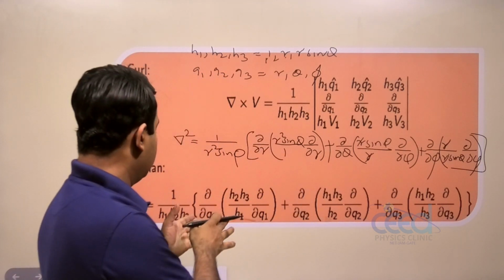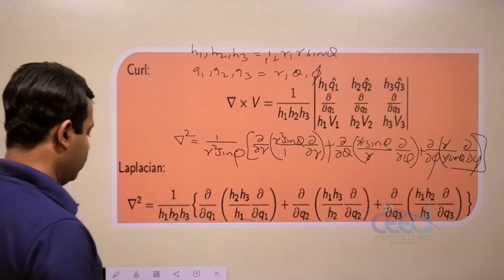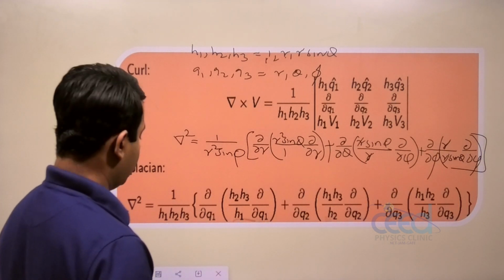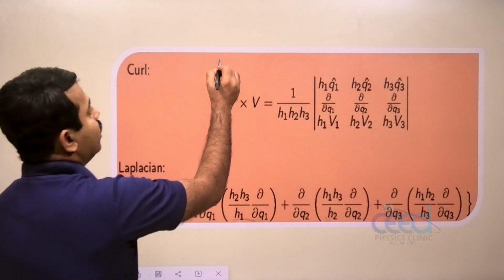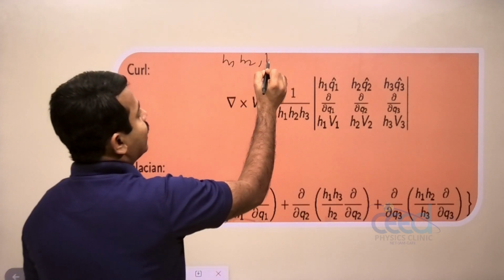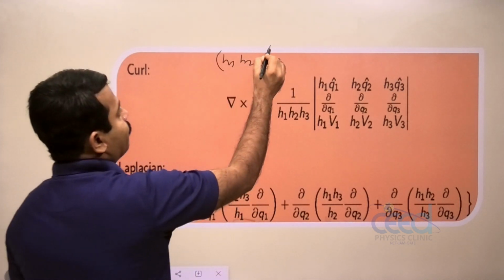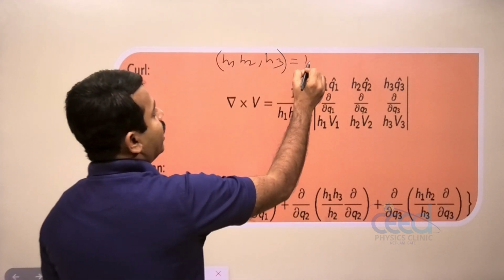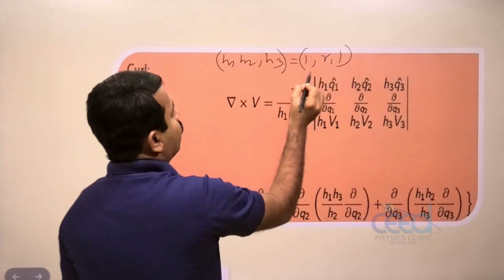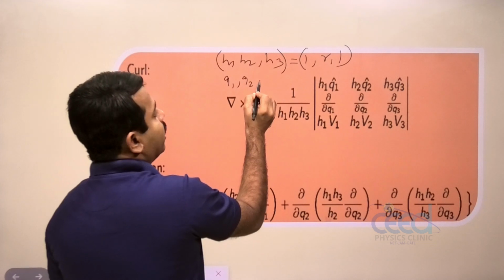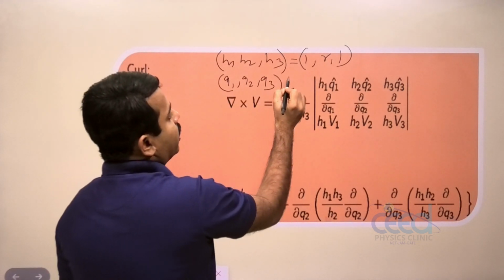In cylindrical, now what do you do? Again you write H1, H2, H3, that is 1, R, 1. What are Q1, Q2, Q3 in the cylindrical polar coordinate system?